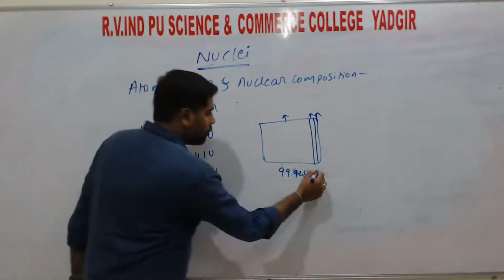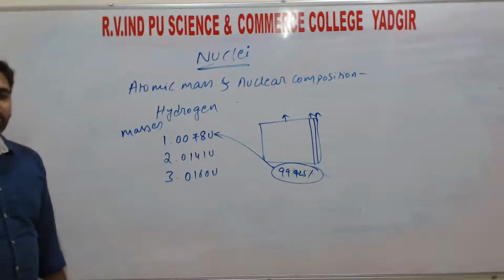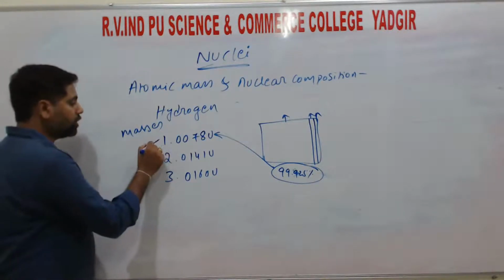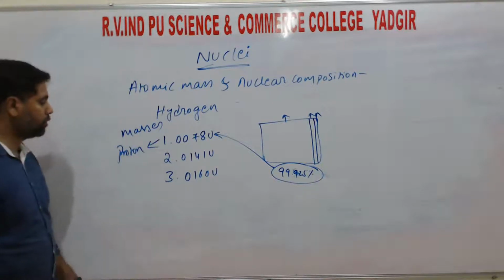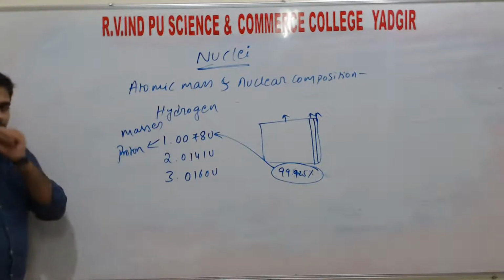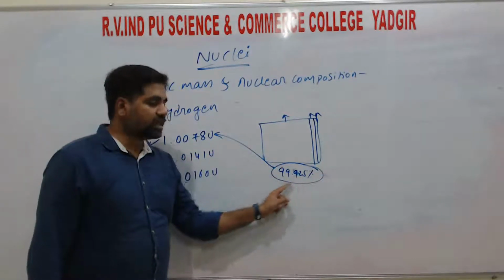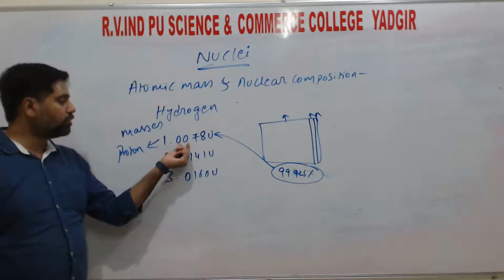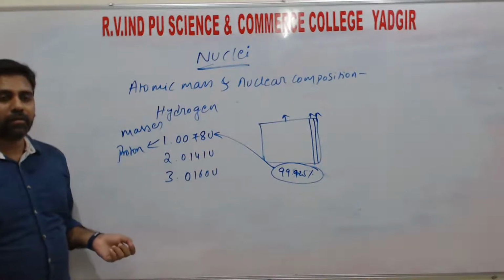This much percentage of atoms have the mass 1.0078, so this one we call proton. The maximum percentage mass of the hydrogen atom is 1.0078 atomic mass units, right?